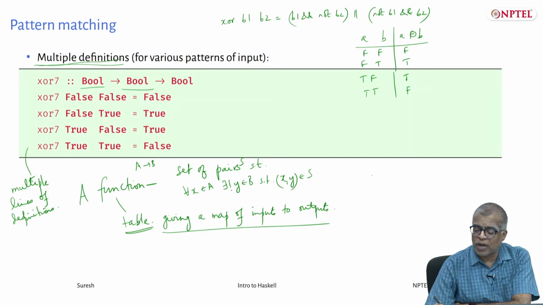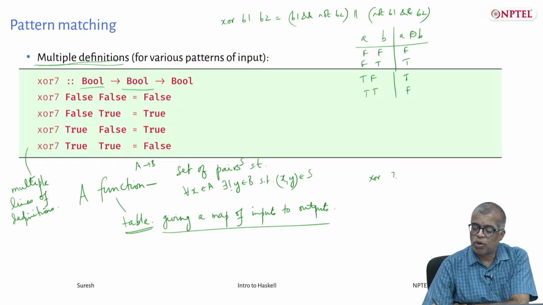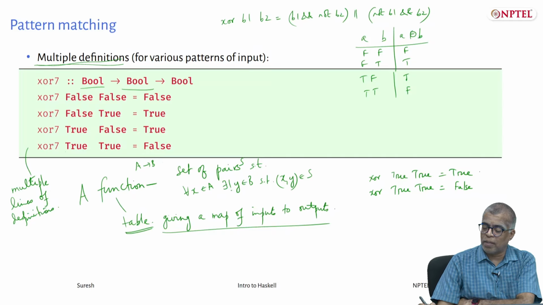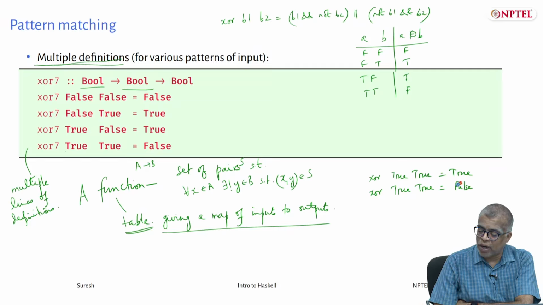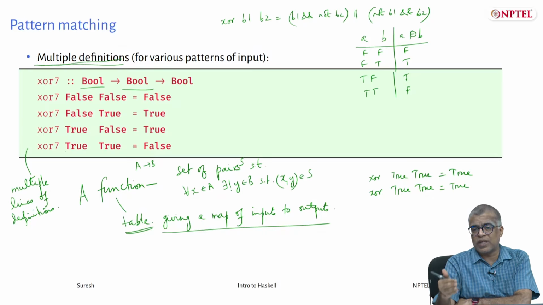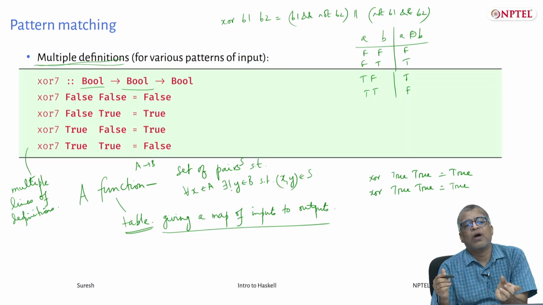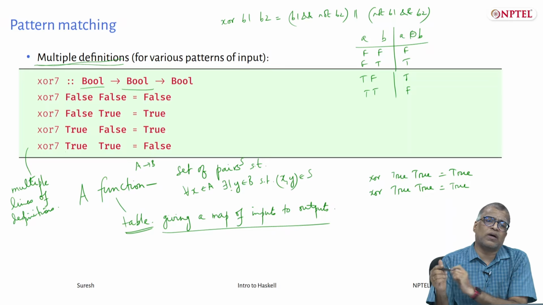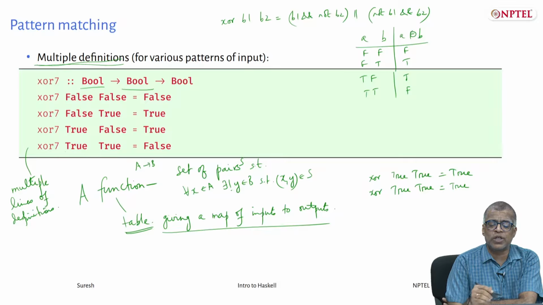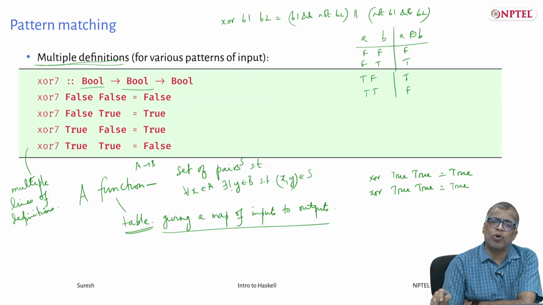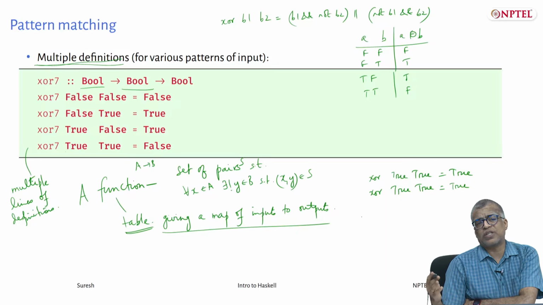Of course, you cannot write XOR True True equals True, and then again on another line write XOR True True equals False. The Haskell compiler will complain, nor can you write the same thing twice. When you write these multiple line definitions, each definition should tackle a different combination of inputs. Typically Haskell will complain about overlapping definitions. We will test these out later in the demo session.